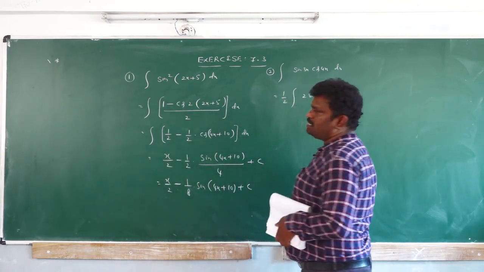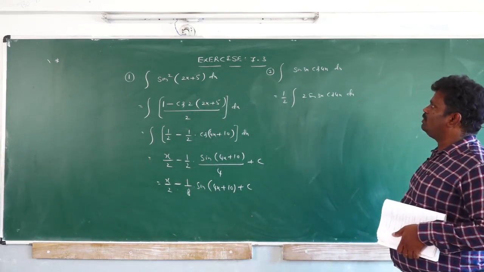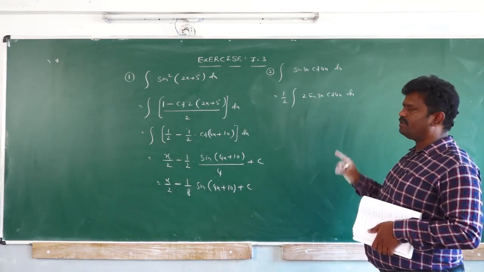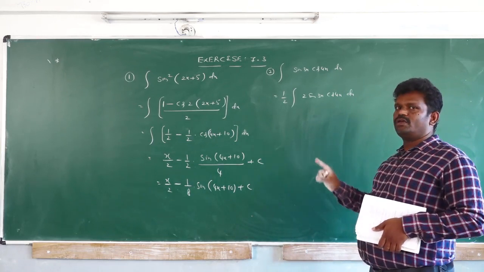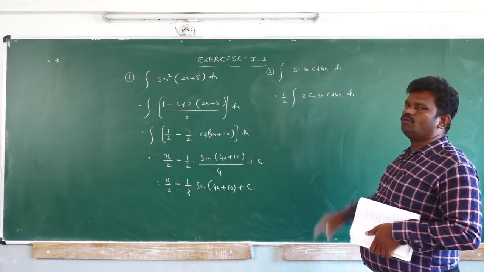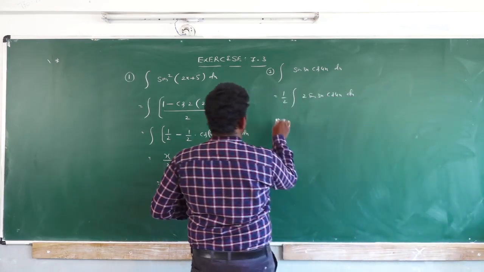When this type of product is given, we must multiply and divide by 2. So it becomes 1 by 2 integral of 2 sine 3x cos 4x dx. I just revised the trigonometric formula for a sine-cos product: sine of (a plus b) plus sine of (a minus b) is equal to 2 sine a cos b. Now we substitute that formula.